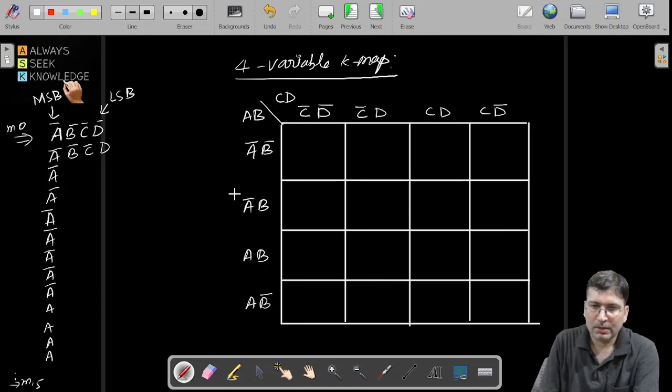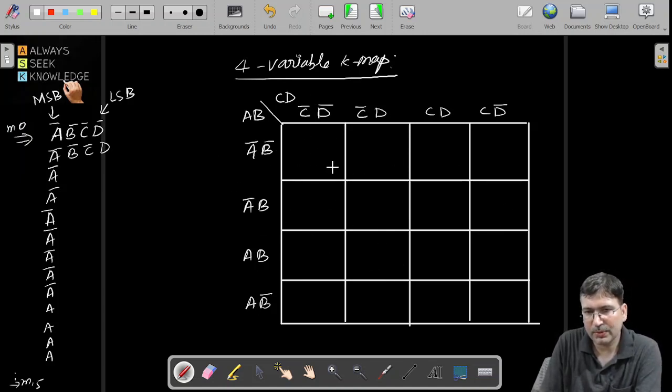Now in terms of the places, which min term is this? This is min term 0 because all are 0. This will be M1, this is M2, this is M3, right?